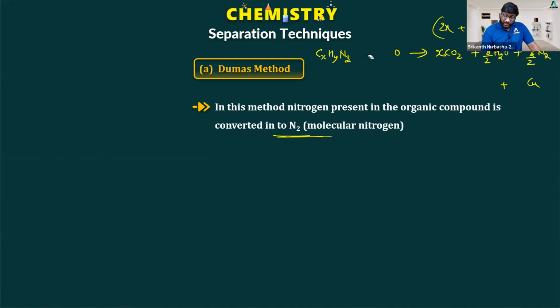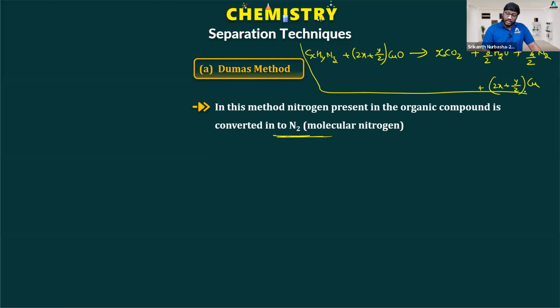So we have to write CxHyNz plus (2x + y/2) CuO gives xCO2 plus y by 2 H2O plus z by 2 N2 plus (2x + y/2) Cu. So this is the equation which you can understand.